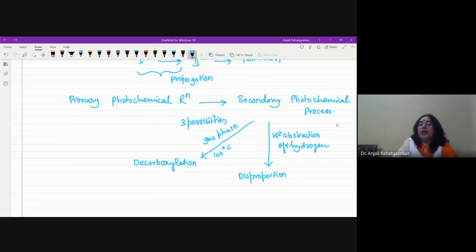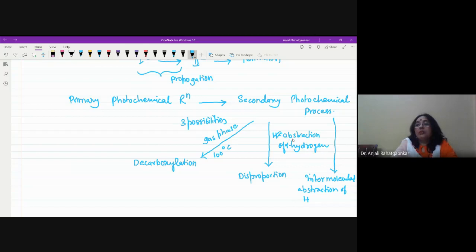And another thing is the possibility of abstraction of alpha hydrogen, and the third thing is the intermolecular abstraction of hydrogen.